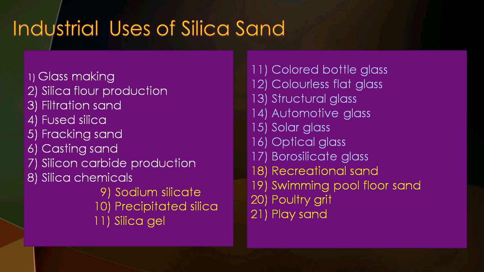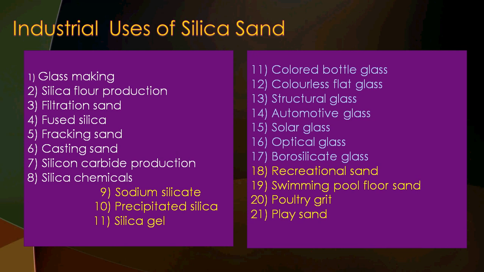Fused silica. Fracking sand used for oil and gas, for unconventional gas production. Casting sand. Silicon carbide production. Silica chemicals, such as sodium silicate, used to produce precipitated silica and silica gel.